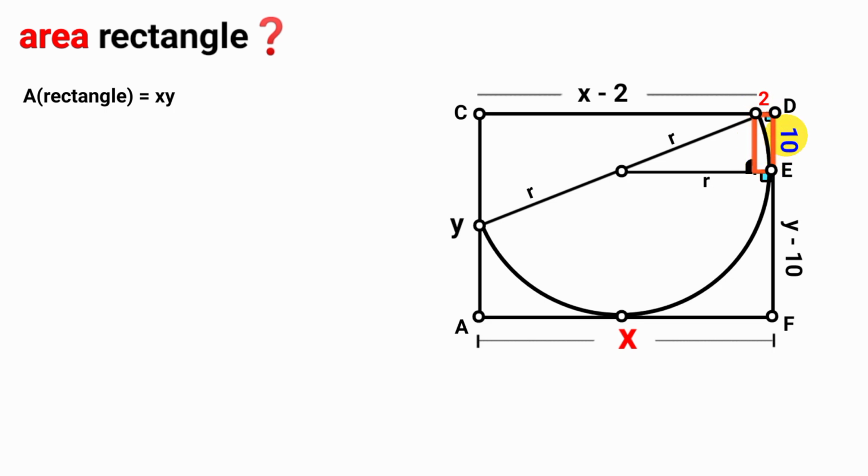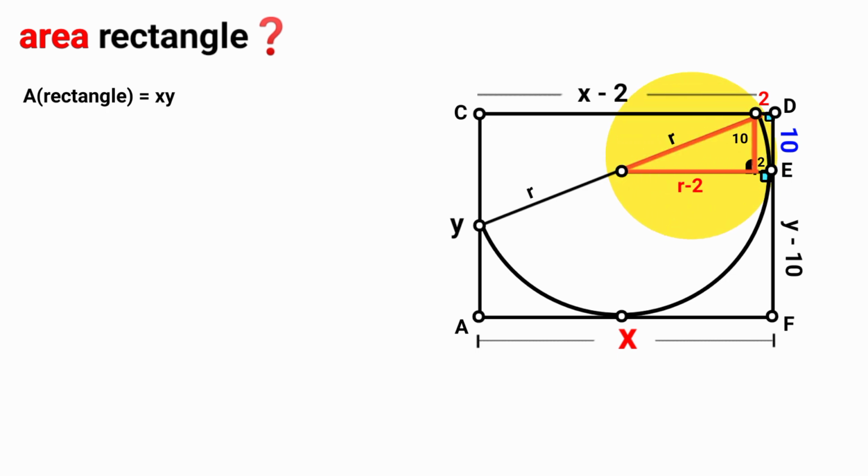So since this is 10 units, this must also be 10 units. And since this is 2, this must also be 2. Now recall, this whole line is a radius which is r, and we have this part to be 2 units. Definitely, this part will be r minus 2.